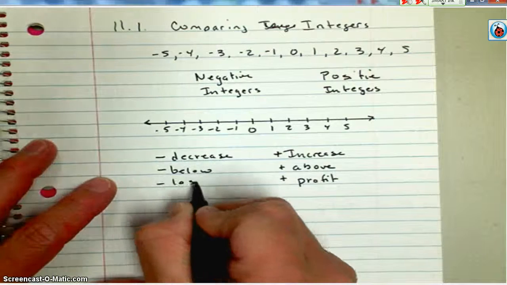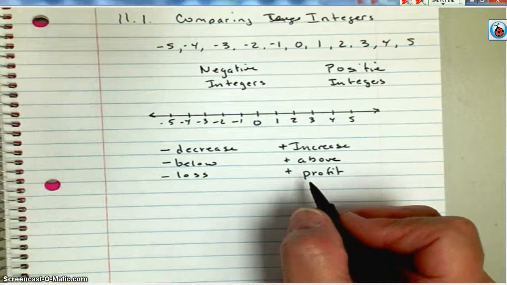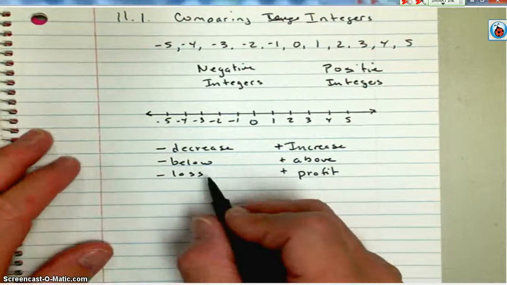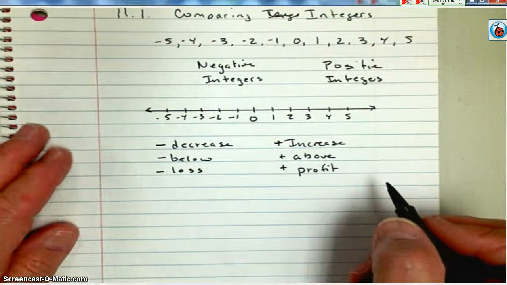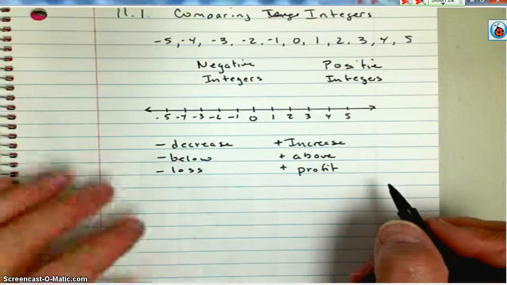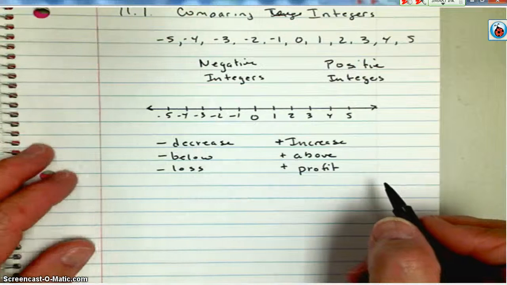If you have a loss of money, maybe you have to pay for something that you've broken, that would cause a loss of money to yourself. Or if you took money out of a savings account to buy something, it would make your savings account balance decrease.